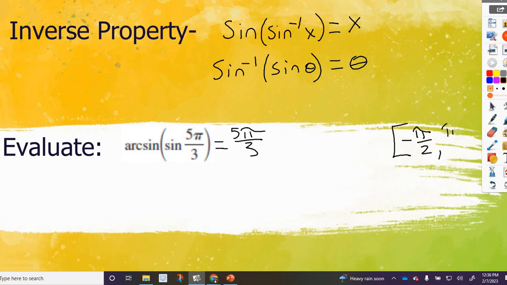Negative pi over 2 to pi over 2? Is 5 pi over 3 within that? It's in our fourth quadrant, right? So again, how do I get a reference angle of pi over 3, but go backwards?